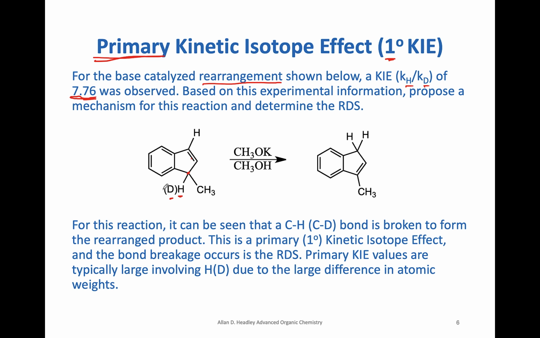So you can imagine it's a very time consuming experiment to make these different molecules with a hydrogen and deuterium, and then measuring the rates of these reactions. So let's see if we can utilize that information to deduce a rate determining step and reaction mechanism.